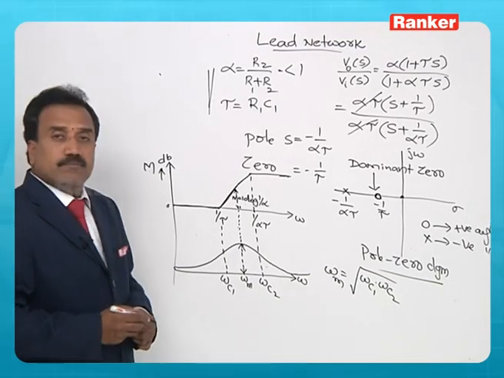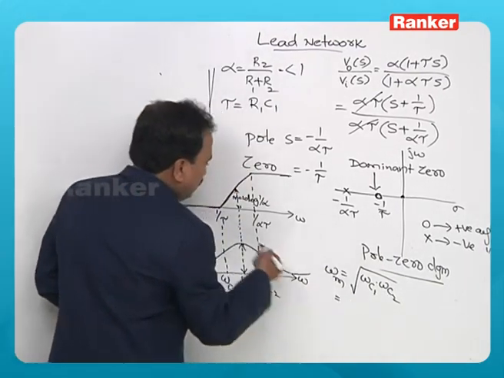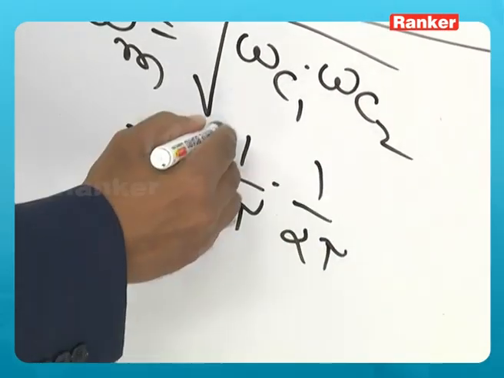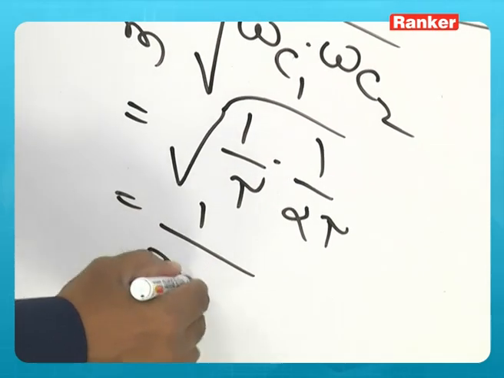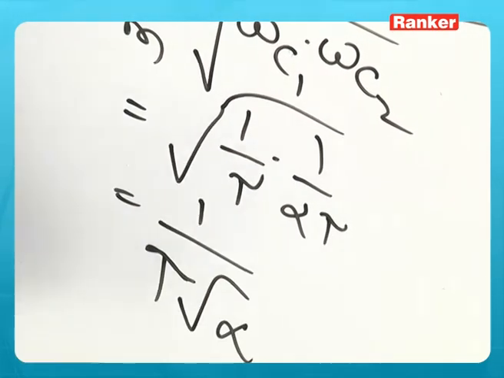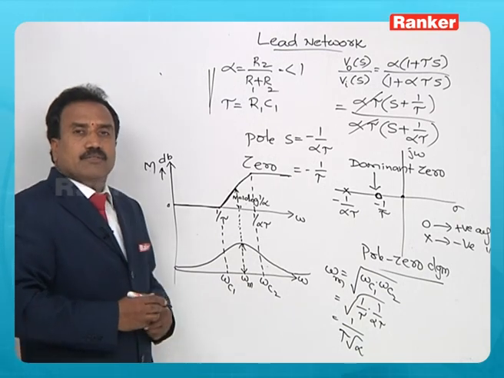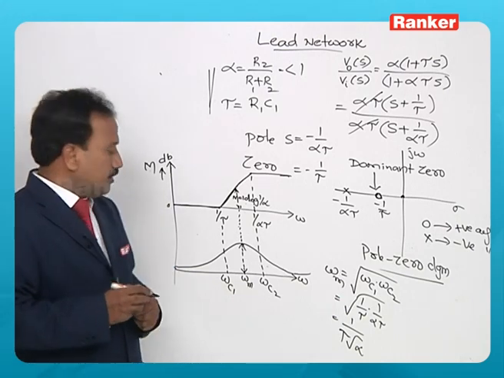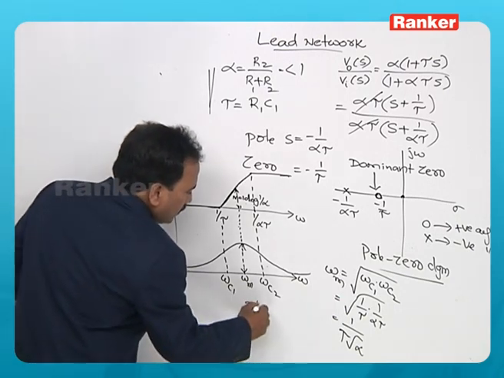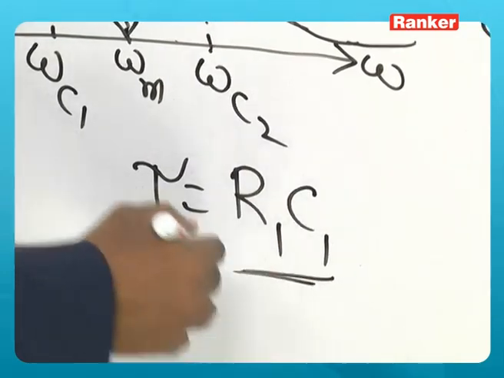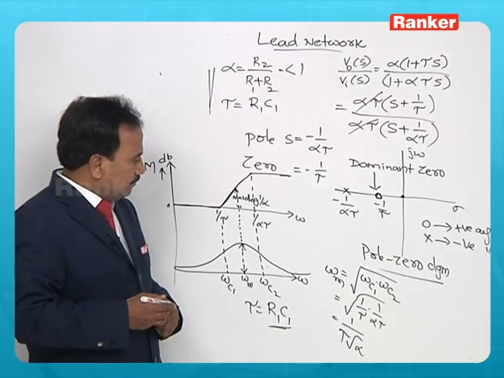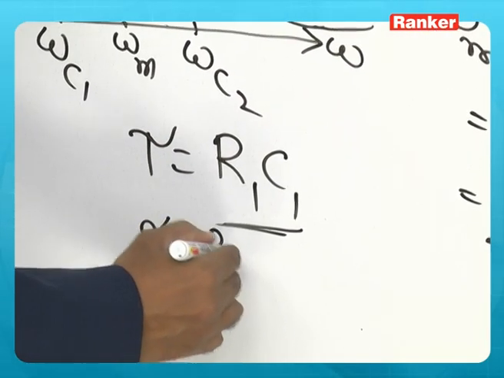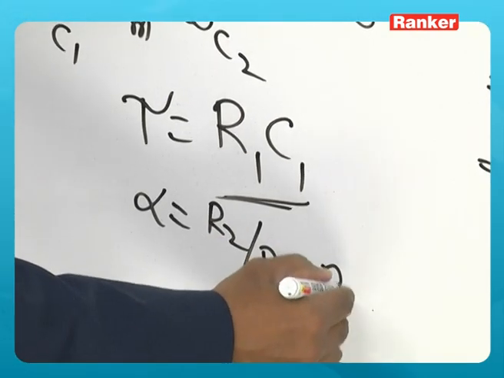That means if you substitute these values, the square root of 1 by tau into 1 by alpha tau can be written as 1 by tau root alpha. So, the frequency at which the maximum phase lead occurs depends on the time constant of the system, where the time constant is given by R1 and C1 of the lead network, and alpha also decides that, where alpha is given by R2 by R1 plus R2.